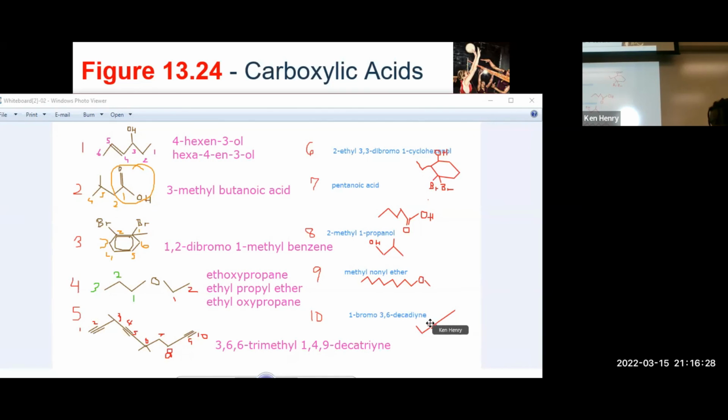Okay. So then triple bond. So that's 1, 2, 3, 4. And then we have 5.